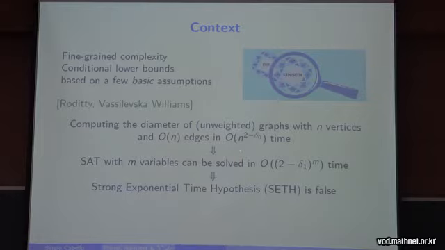So if you could solve this in n to the 1.99, then here you could write 1.9999 to the number of variables.